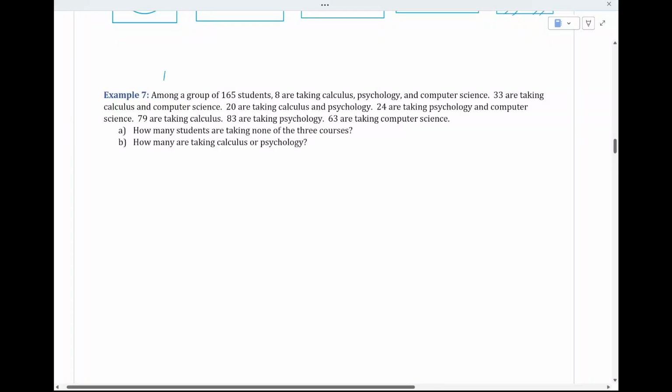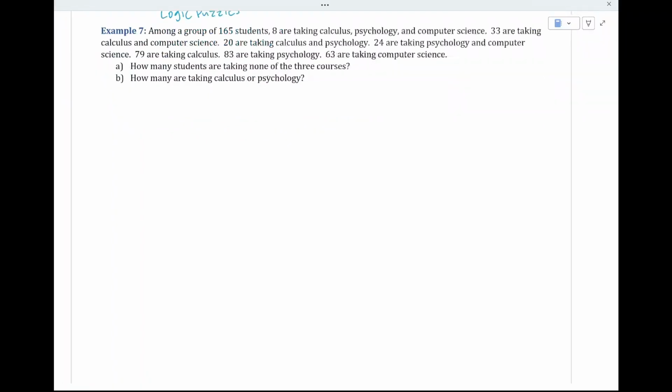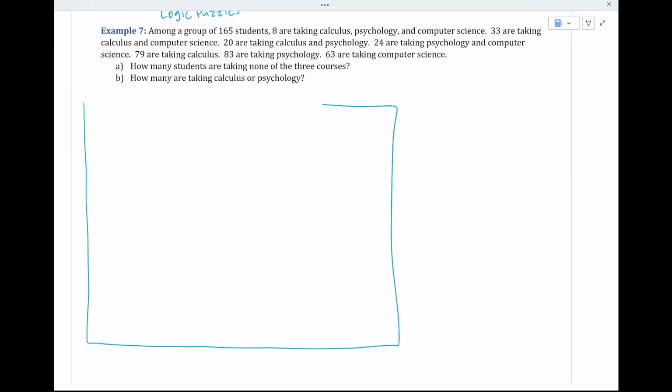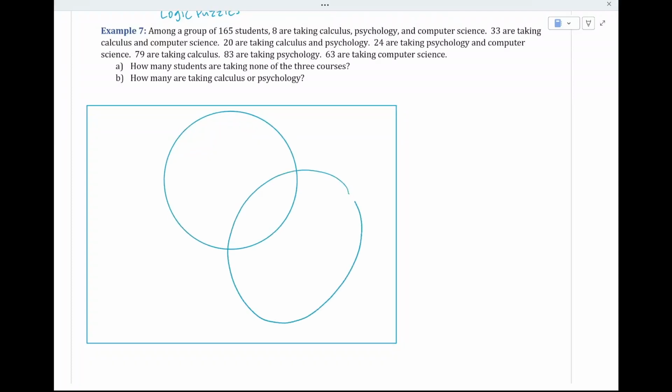Example 7 is kind of like a logic puzzle. So if you find yourself enjoying logic puzzles, maybe you'll enjoy this one. But we're going to solve this problem by drawing a big Venn diagram. There's our universe. Here we have 1 circle, 2 circles, and 3 circles.